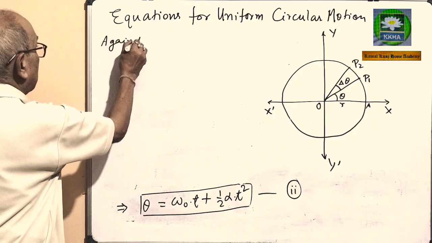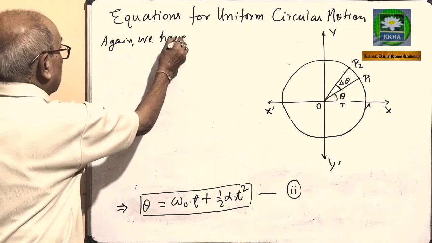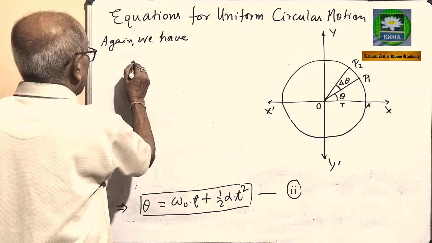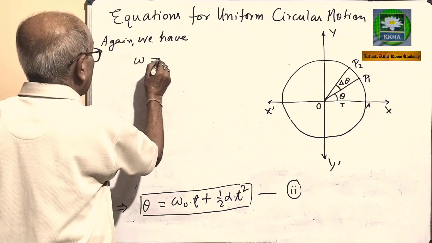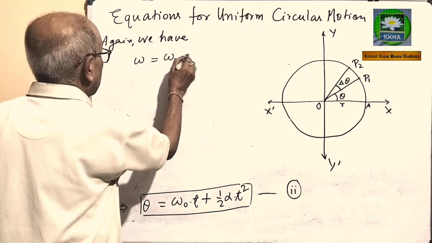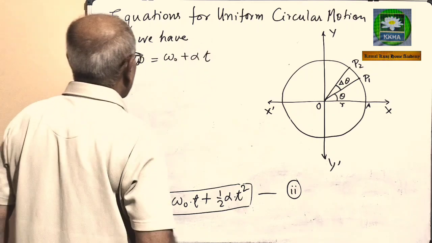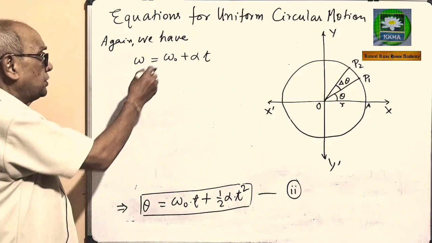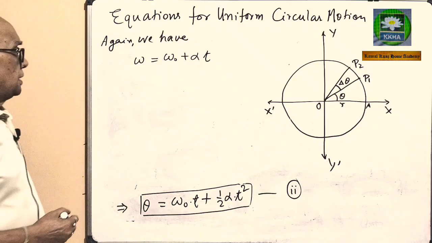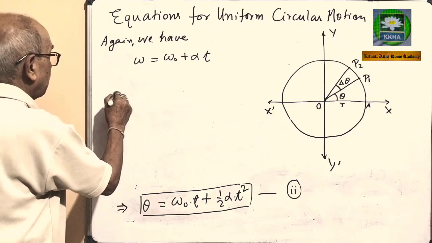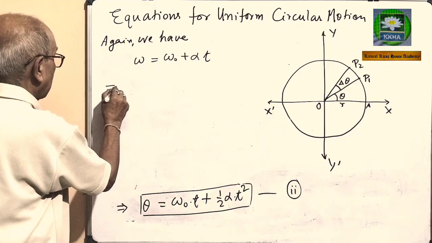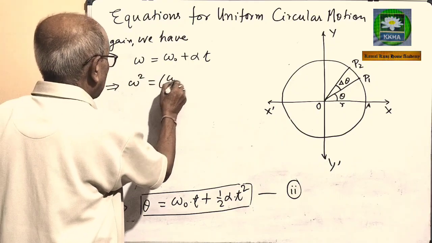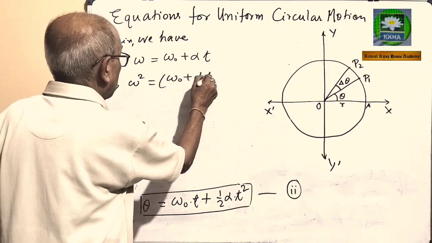Again, we have omega is equal to omega naught plus alpha t. Final angular velocity is equal to initial angular velocity plus product of angular acceleration and time. Now squaring on both sides, we get omega squared is equal to omega naught plus alpha t whole square.